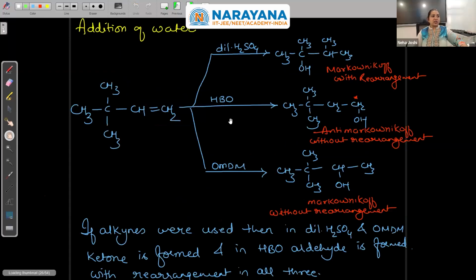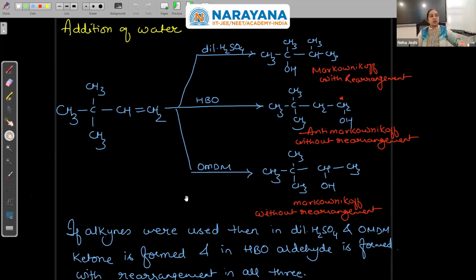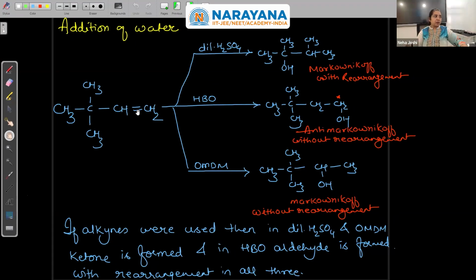So if I go addition of water, I'll skip those which are very obvious, okay, and will mainly concentrate on the last 3. But I'll try to just brush the basics. So if I have this type of alkene, the difference between the 3 methods of forming alcohol from alkene are summarized in this. Dilute H2SO4 will have the rearrangement of carbocation and Markovnikov.